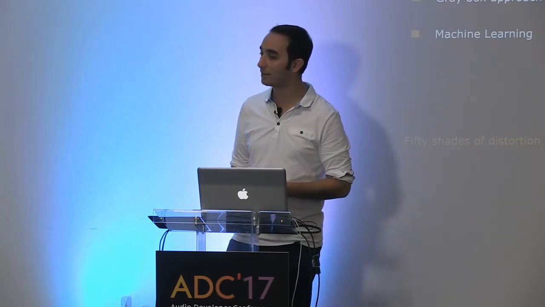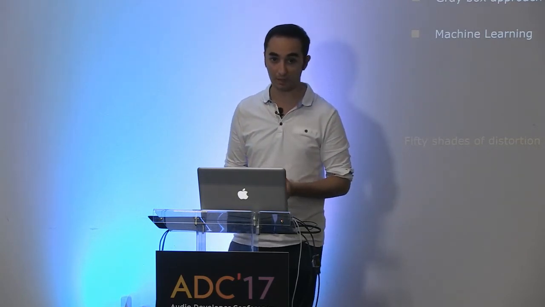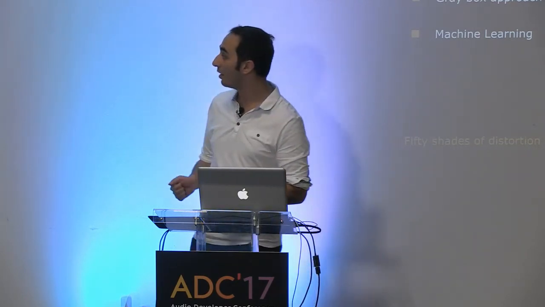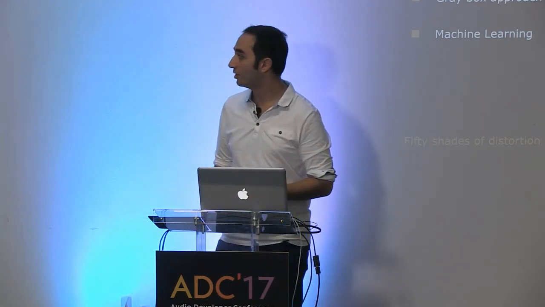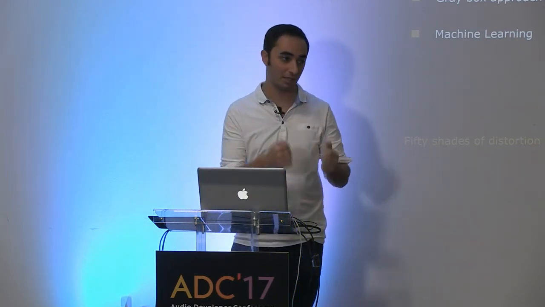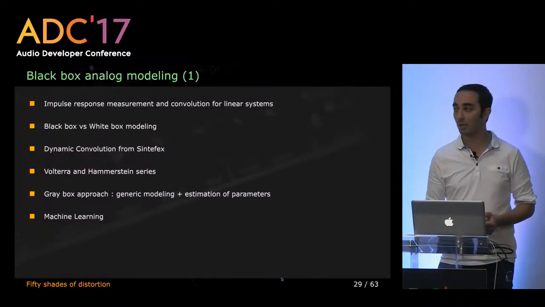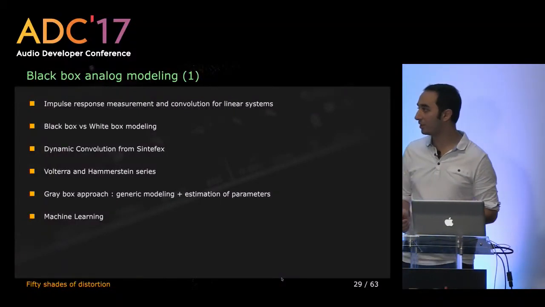And by doing so, you can introduce some nonlinearities, and it is being used to model some compressors in some commercial products. You have also the Volterra series, which is basically the generalization of the convolution operation, but for nonlinear systems.